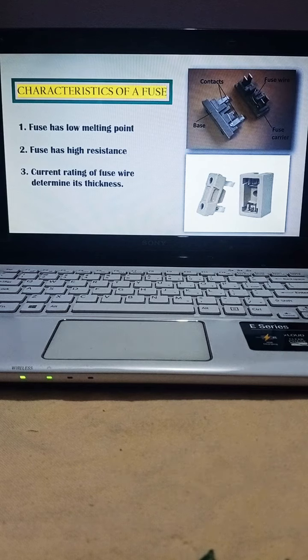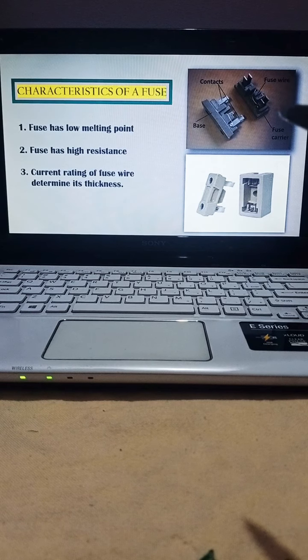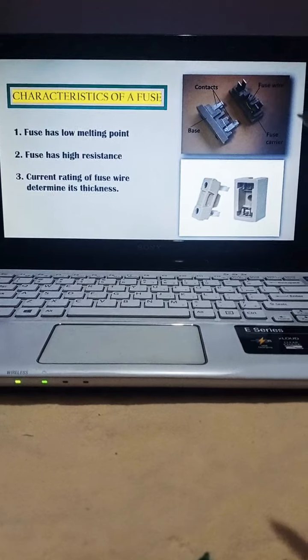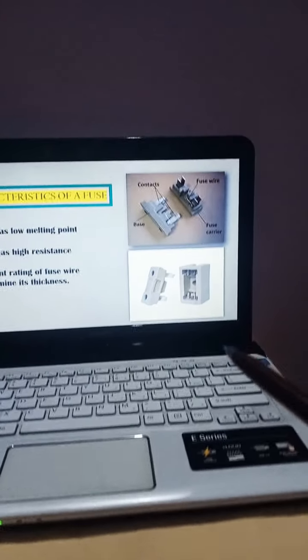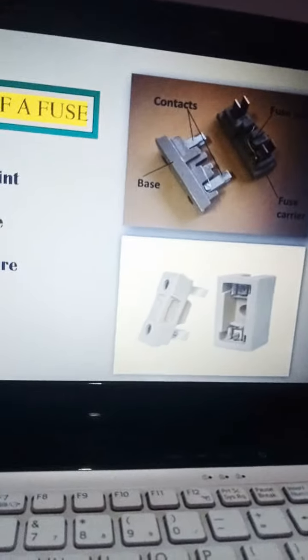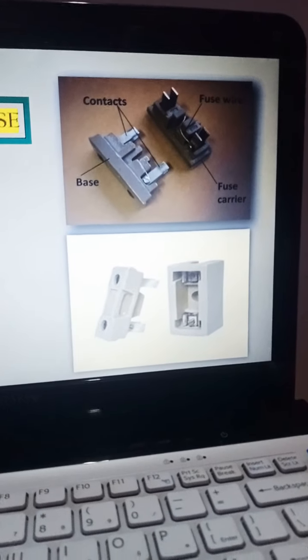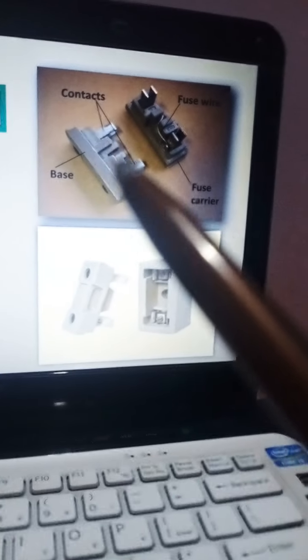Next we are going to see the characteristics of a fuse. In this diagram, briefly you can see how the fuses were made in early days, because these days we are using electronic fuses. Here you can see the two parts of the fuse.